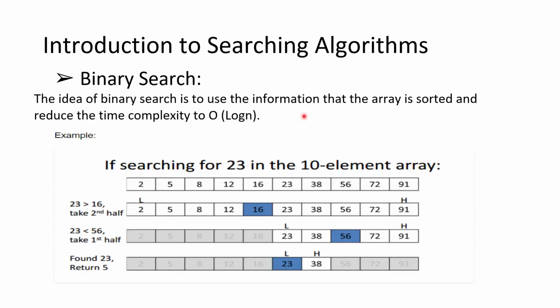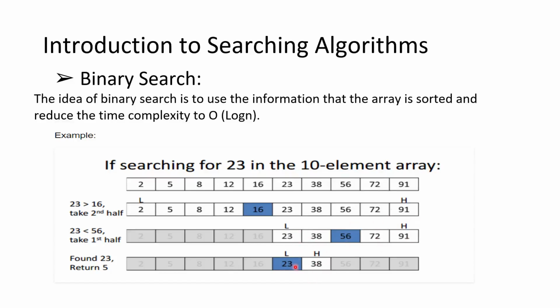With binary search, the algorithm is based on the array being sorted. So we can see here the array is sorted. If we're looking for 23 in the 10 element array, it's going to start and take half, and since 23 is bigger than 16, it will know what half to search in.